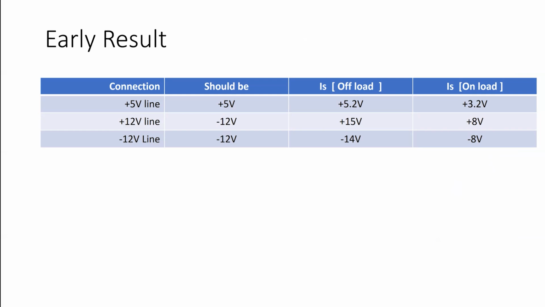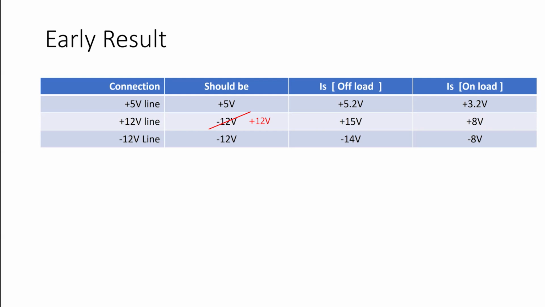I should be getting 5 volts on the 5-volt line. If I have nothing connected to it, I get 5.2 volts, which is a wee bit high. And if I put a load on it, just a resistive load, then it goes down to 3.2 volts, which is low, very low. Similarly, the plus 12 volt line should be plus 12 volts.